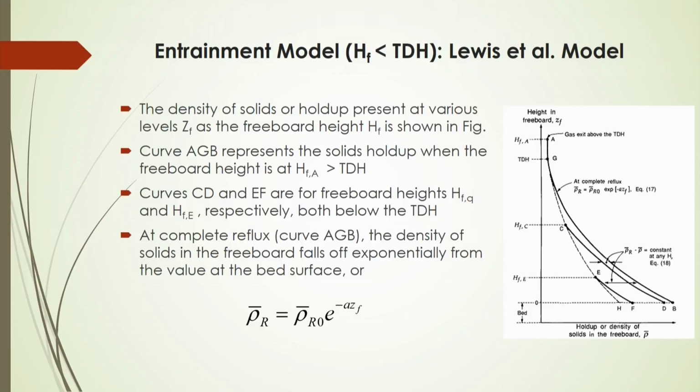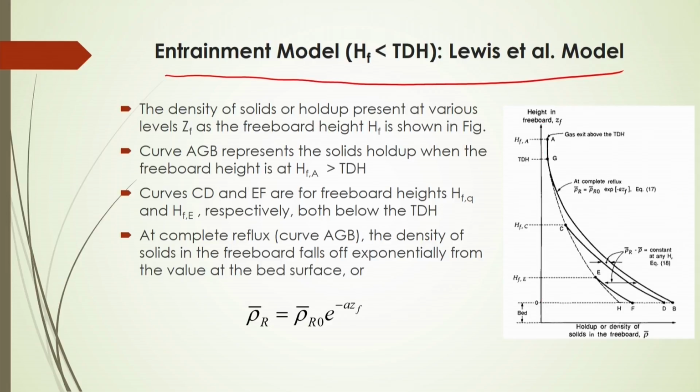Now, the entrainment model given by Lewis et al. They gave these entrainment characteristics considering that if the height of the freeboard is less than the TDH, then the density of the solids or hold up is present at various levels, with ZF denoting the freeboard height, HF, as shown in the figure here.